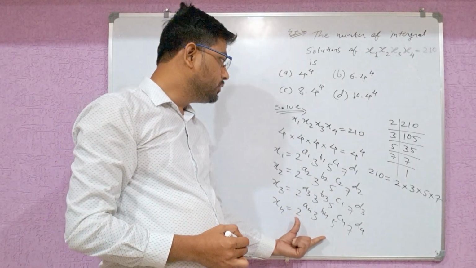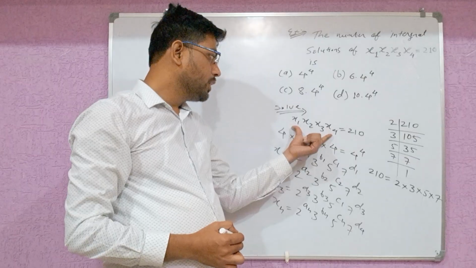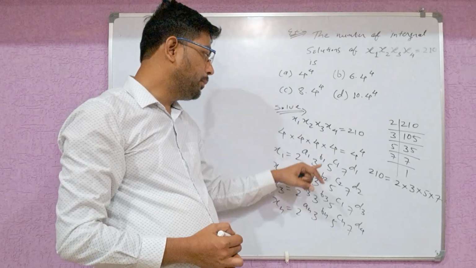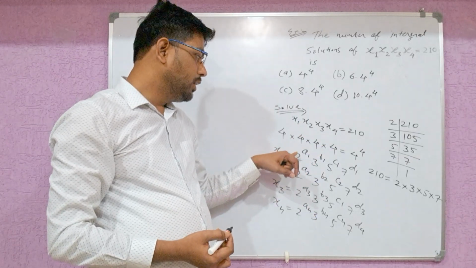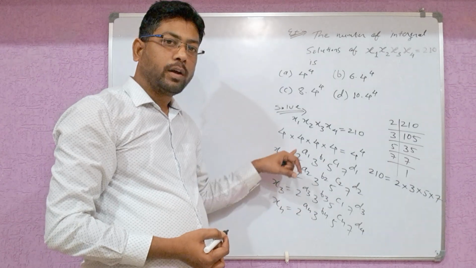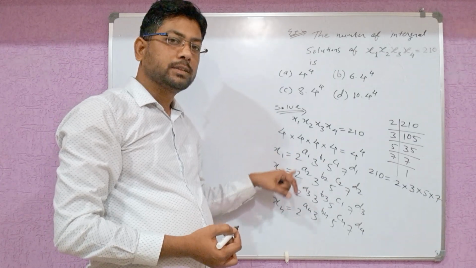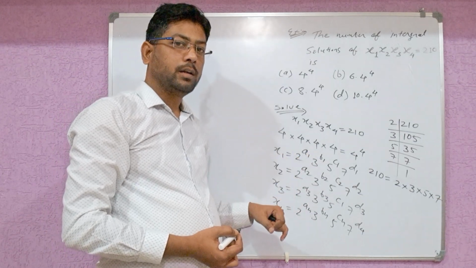Now if I put these values here, all these will be multiplied. When all these factors of 2 are multiplied, since the base is the same, the powers are added in the multiplication.